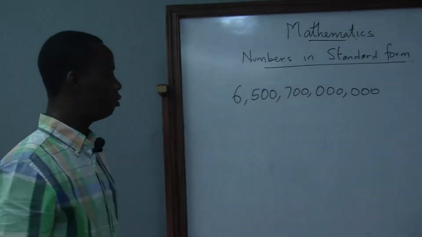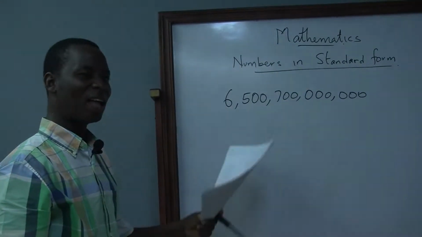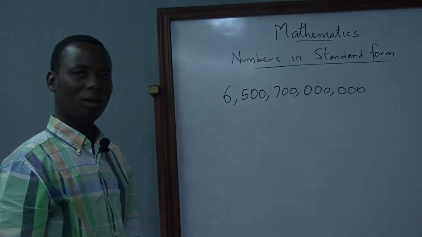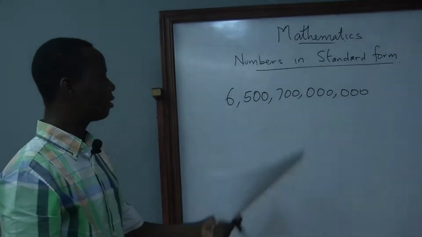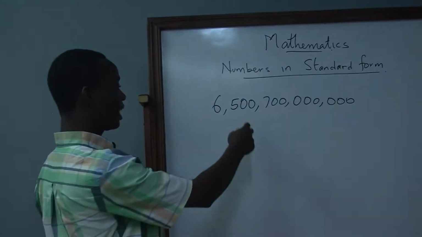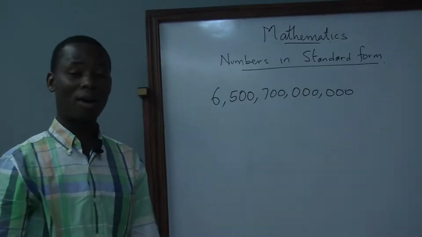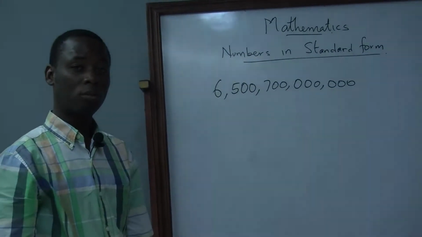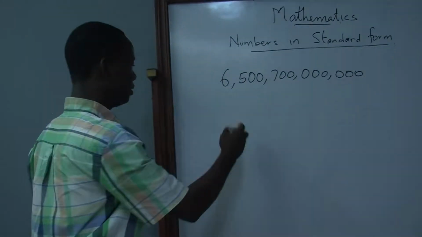In order to write this and still make sense out of it, we employ what we call writing numbers in standard form. Otherwise you will need to start counting the number of zeros to know if you're right or not. But what do you do? You just write it in standard form.